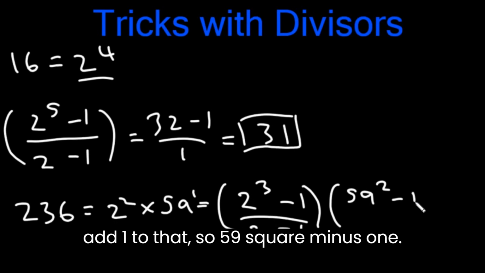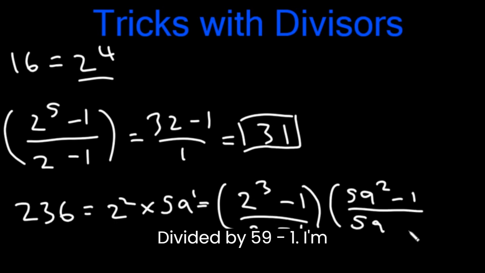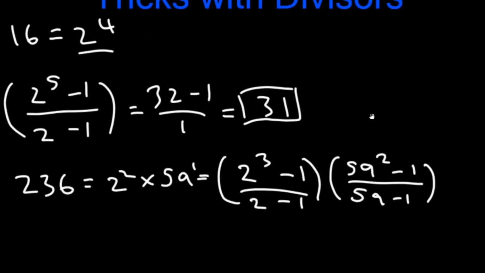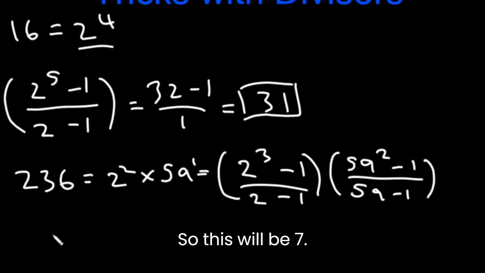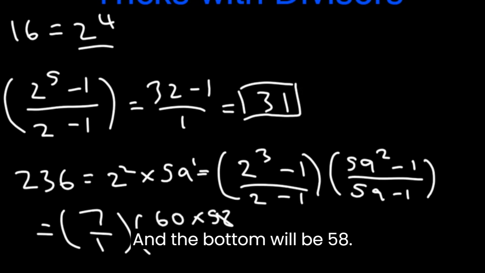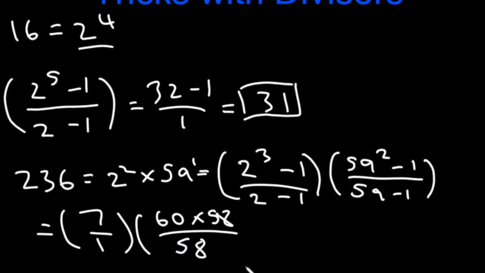So 59 squared minus 1 divided by 59 minus 1. I'm going to need a little bit more space here. So this will be 7 divided by 1 times 59 squared minus 1 is 60 times 58, and the bottom will be 58.